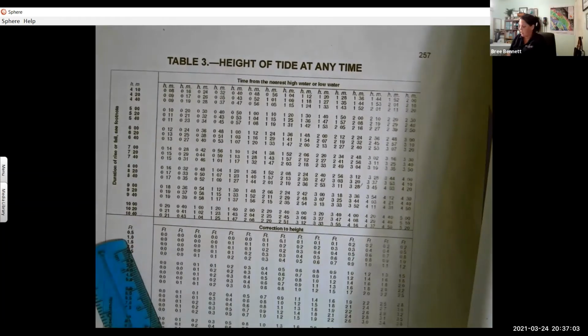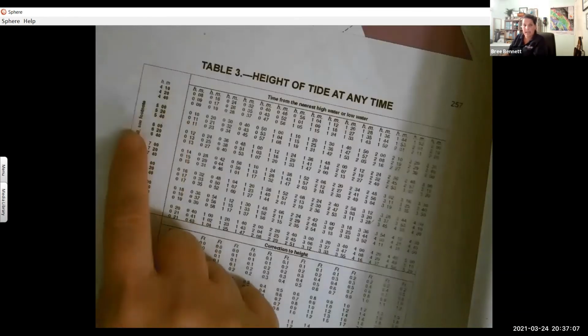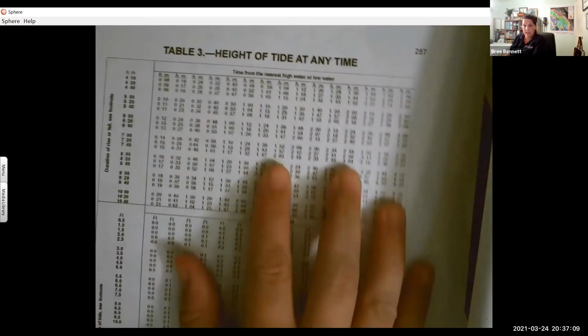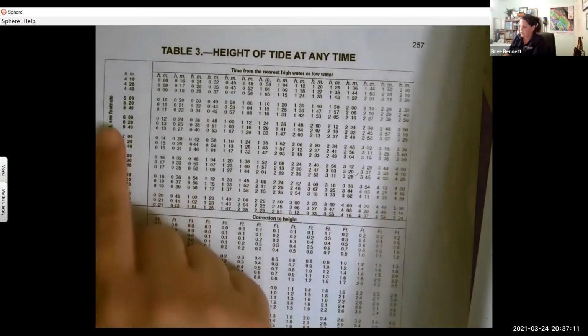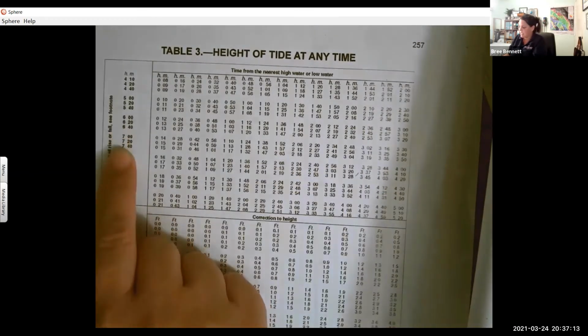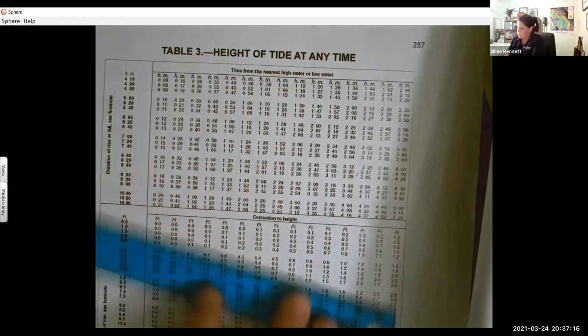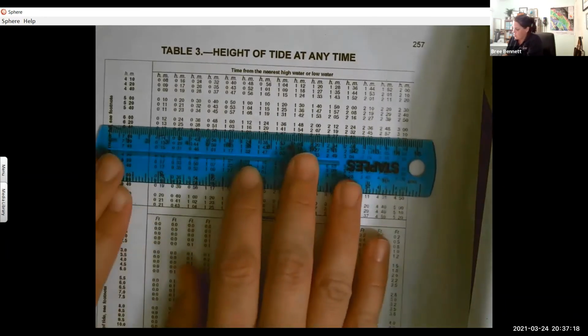Okay, so our duration, so the 2 things that we have are time, so we're going to start at the top. Our duration was 6:23. So again, we're on that 6:20 line.